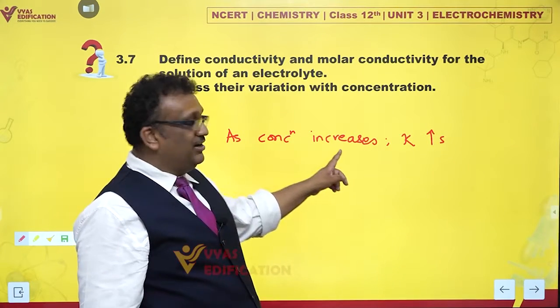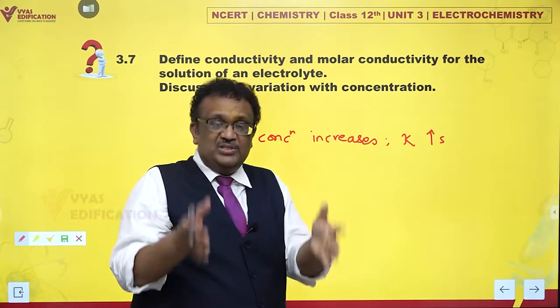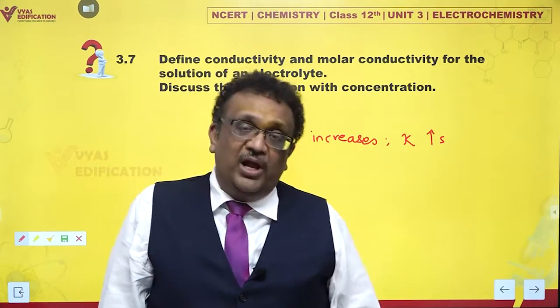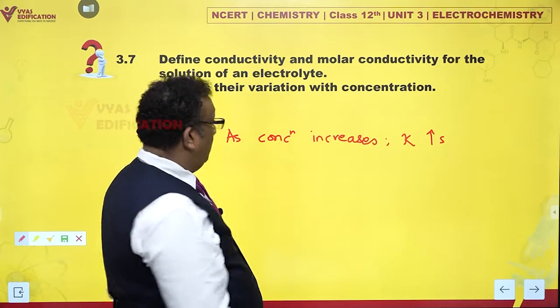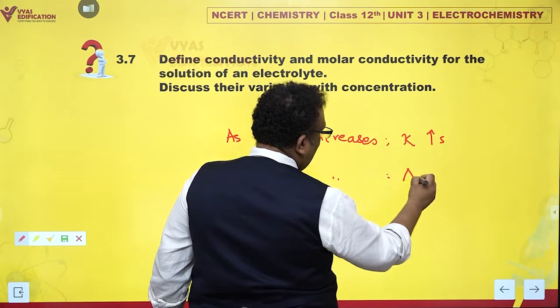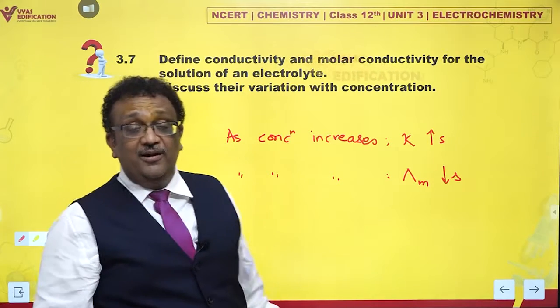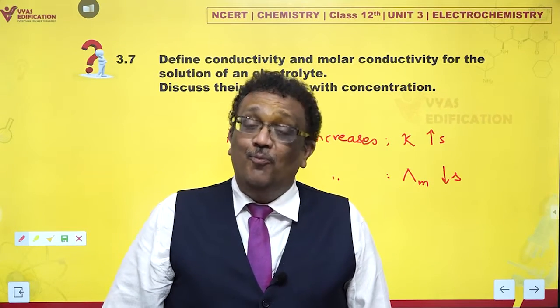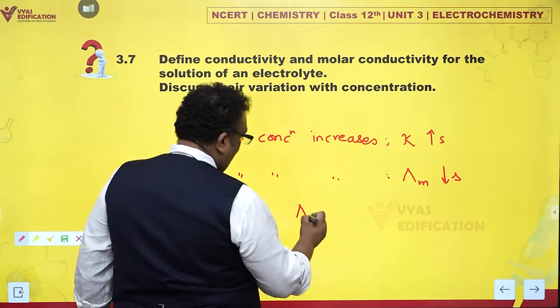As concentration increases, you find conductivity increases because within the same solution you have more ions, so they can carry more current by common sense. But as concentration increases, you find lambda m decreases. Molar conductance decreases, and there is an equation which is called Kohlrausch law.